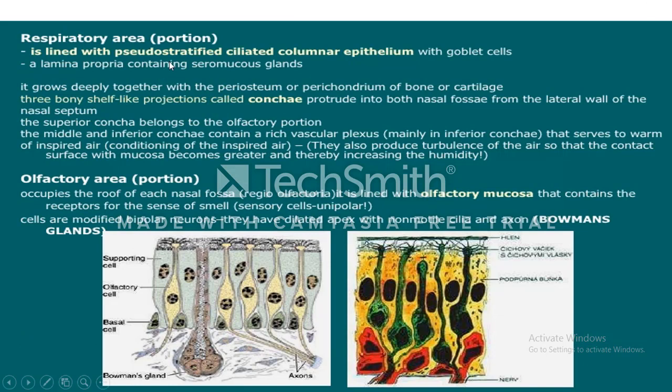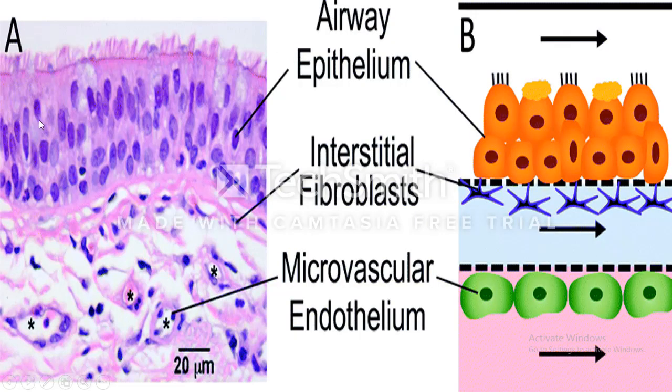Respiratory area or portion. Respiratory consists of mucosa. This mucosa covered by respiratory epithelium. What means respiratory epithelium? Respiratory epithelium consists of pseudo-stratified ciliated columnar with multi-cilia. This is respiratory epithelium. Respiratory epithelium by light microscope is observed basement membrane.